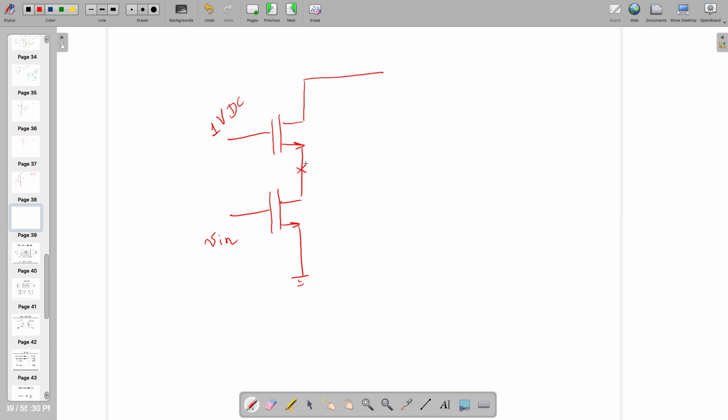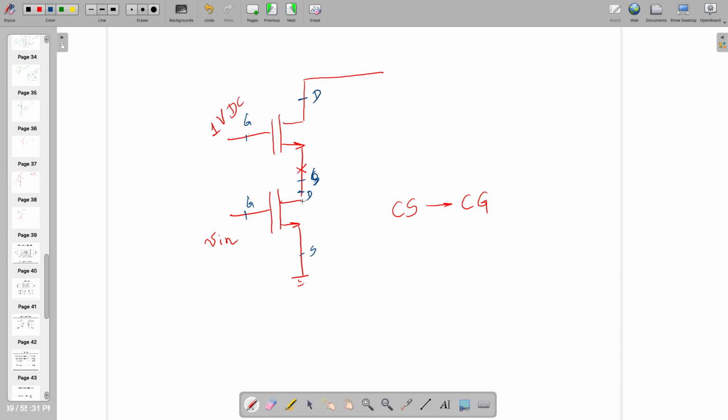Can you see there are two amplifiers connected back to back? One amplifier is common emitter and one amplifier is common gate. Sorry, common source goes to common gate, because this is source, gate, drain, gate. Can you see these two?